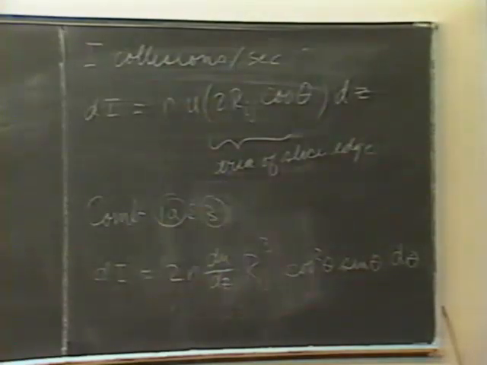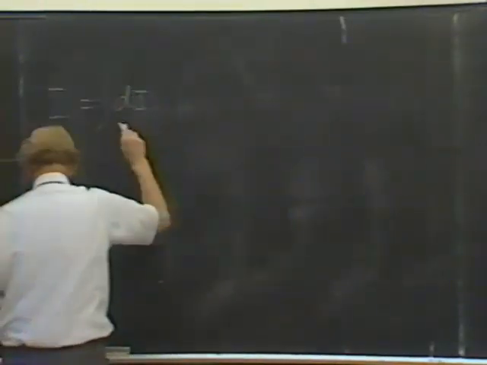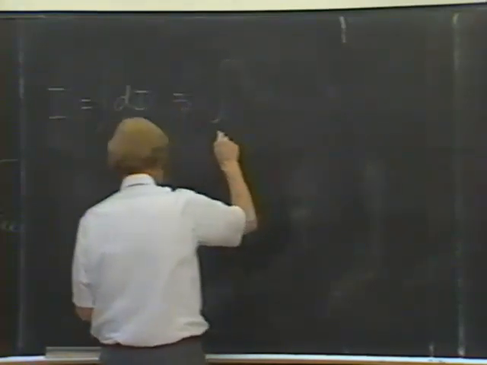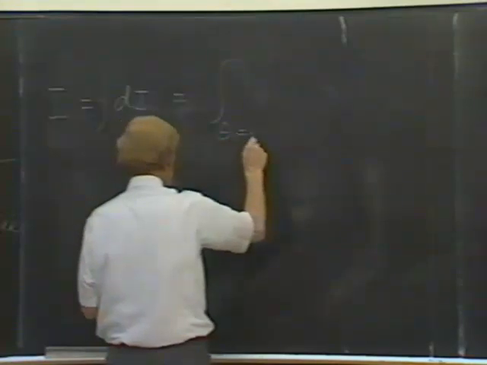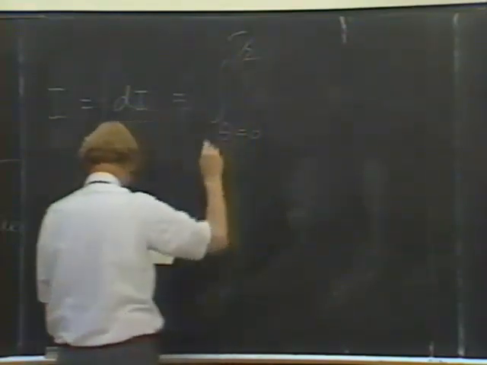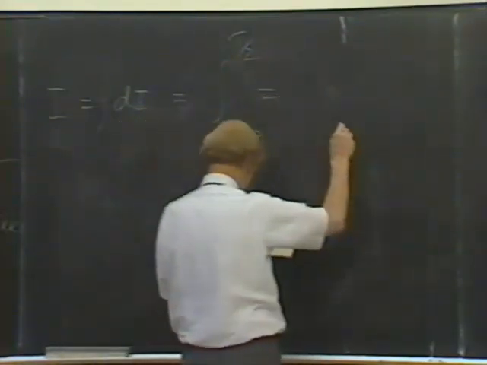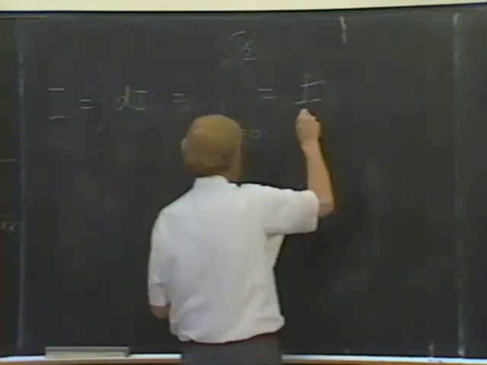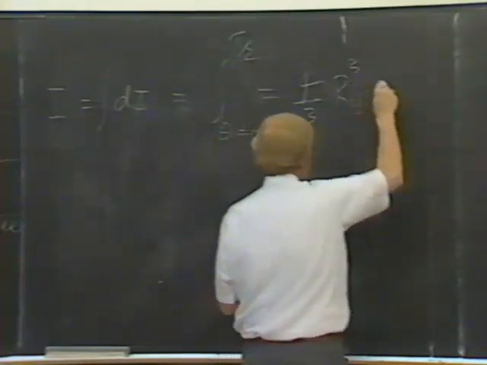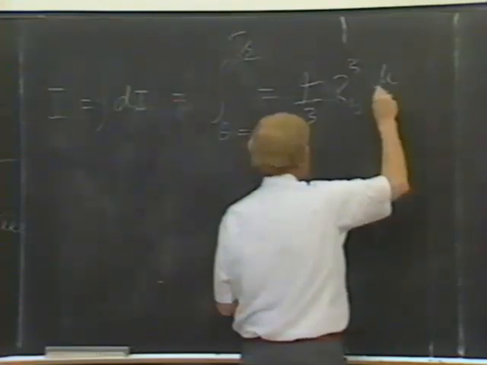And integrating those, we have I is equal to the integral of di, which is equal to the integral from theta equals 0 to pi over 2, which is equal to, I'll just give you the answer, 4/3 Rij cubed, well, leave that off, du dz times n.